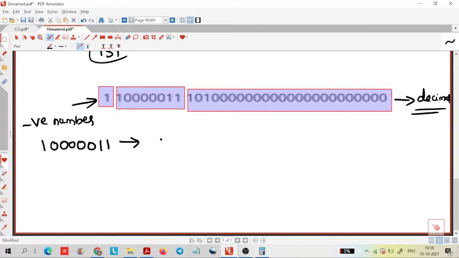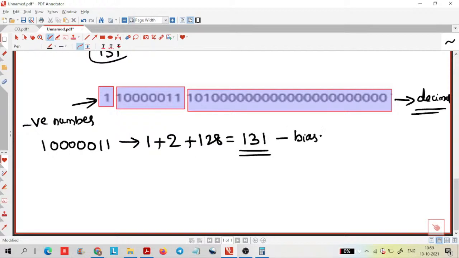So what is the decimal of this? 2 raised to 0 into 1 means 1. 2 raised to 1 into 1 is 2. 0 into any number will be 0, and 2 raised to 7 means 128. So this will be 131. Now this is the decimal value we got, and here we have to subtract the bias value.